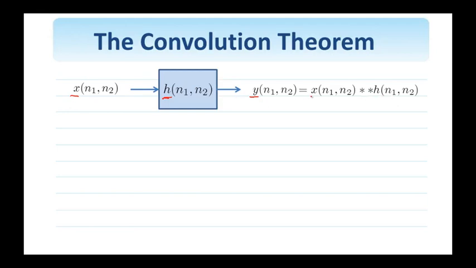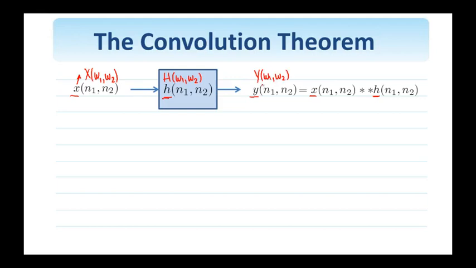So the output equals the convolution of the input with the impulse response of the system. Clearly, I can take each of these quantities to the frequency domain. So I can find the spectrum of the signal. I can find the Fourier transform of the impulse response, which is the frequency response of the system. And I can find the Fourier transform of the output signal.